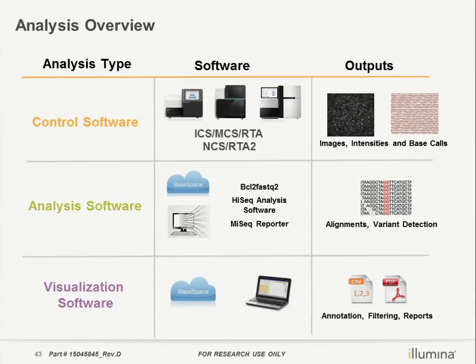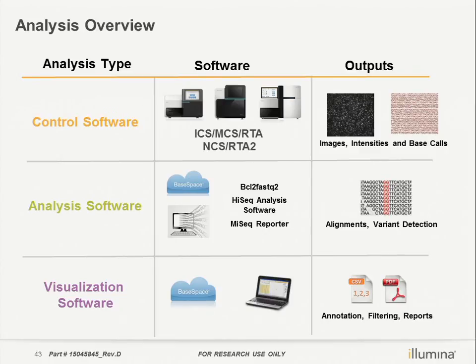So this slide highlights the differences of the 3 different stages of analysis. The first stage comes with the control software, the NextSeq control software, or NCS on the NextSeq, or HCS on the HiSeq, bound together with the analysis software called RTA. The NCS will capture the raw image of the clusters for different signals: is it green, red, both colors, or black.